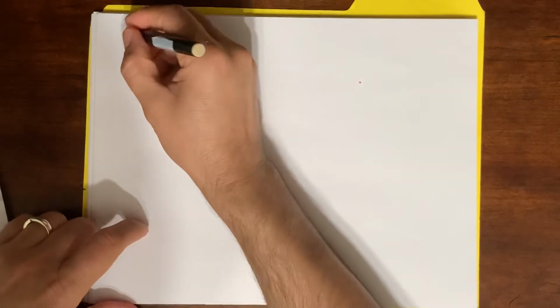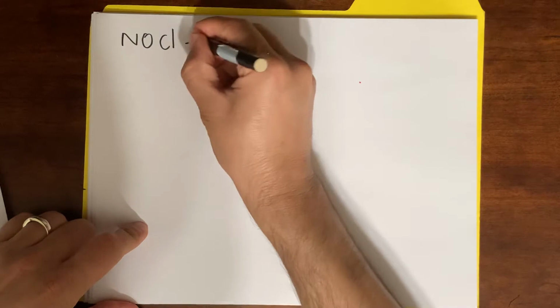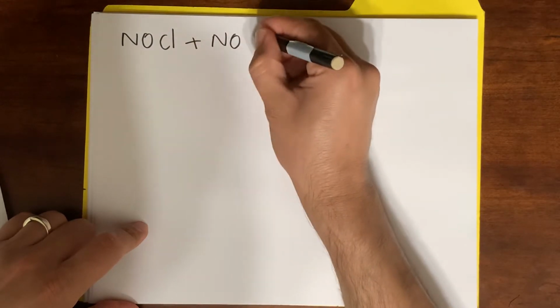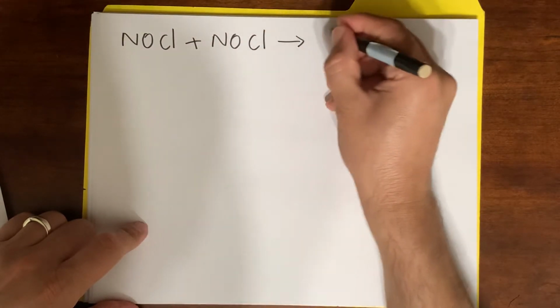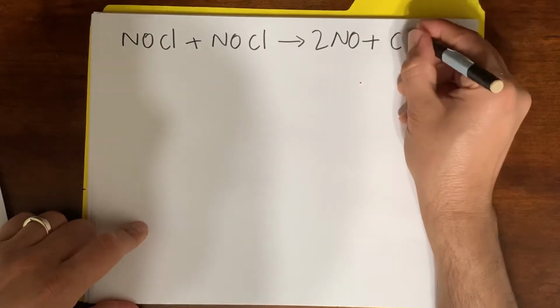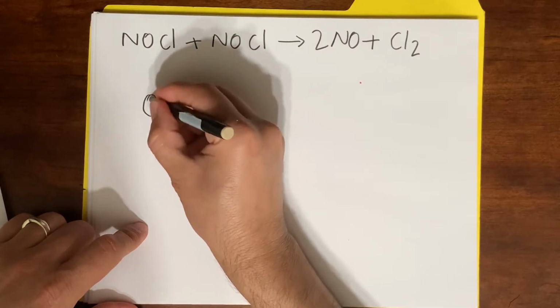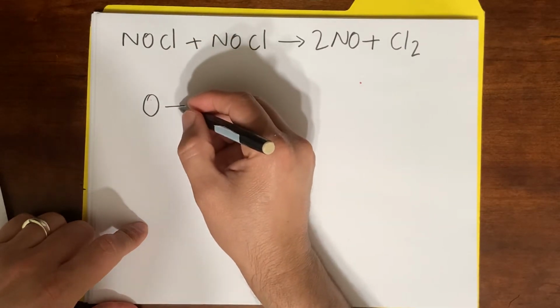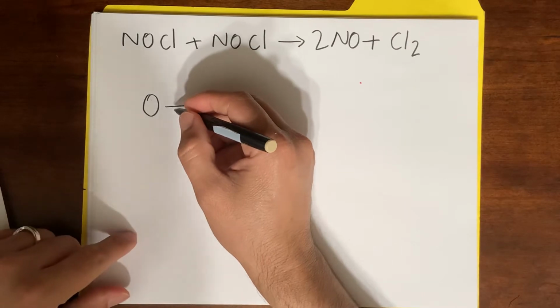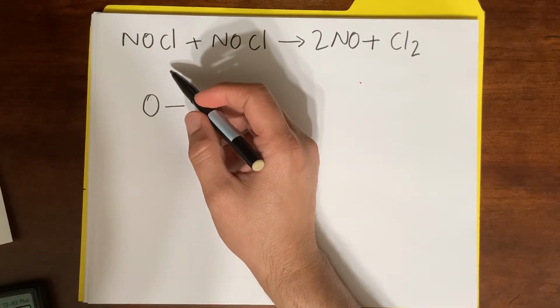Okay, let's look at this one. We have a reaction that says NaCl plus NaCl, and we want to get 2Na plus Cl2. Here we have oxygen, or a central atom, let's say in this case.